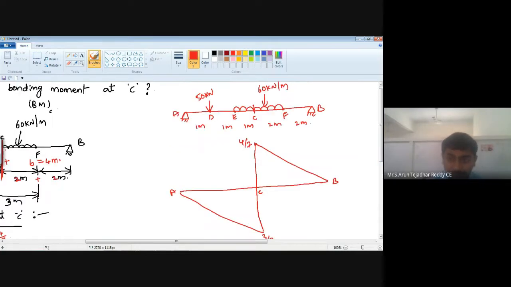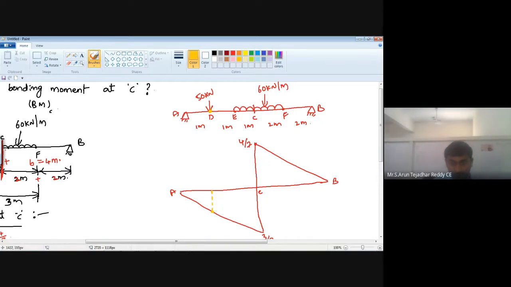Okay. Now, see the load is acting at point D. So we can calculate the ordinate at point D. So below that, draw one line here and give one ordinate here.